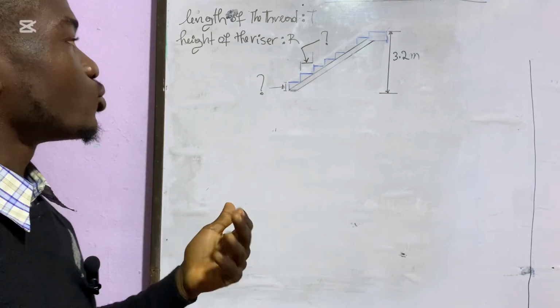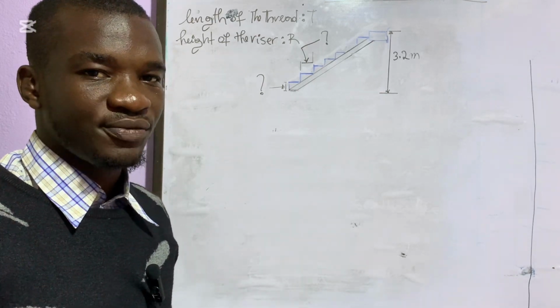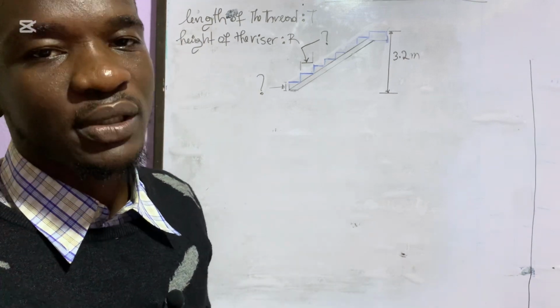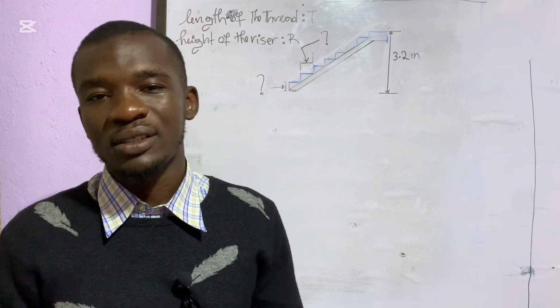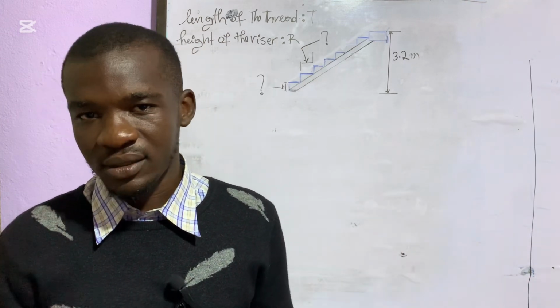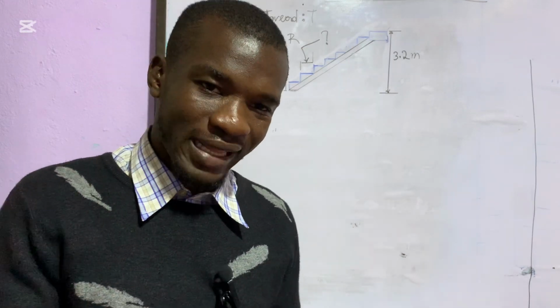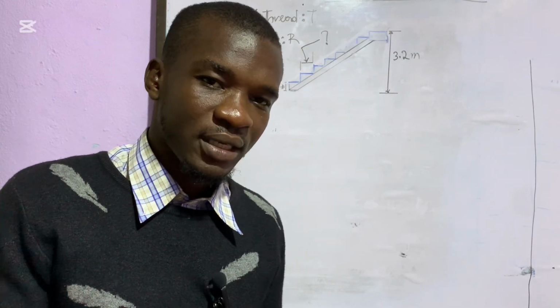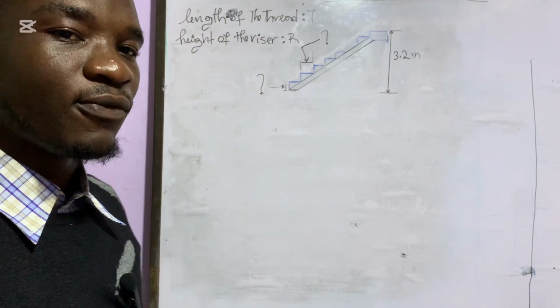Okay, so to get the number of steps for your staircase is very simple. We are going to use the standard given by Blondel, which is actually a francophone architect from the 17th century that wrote a lot of standards or rules governing the comfort of a staircase.